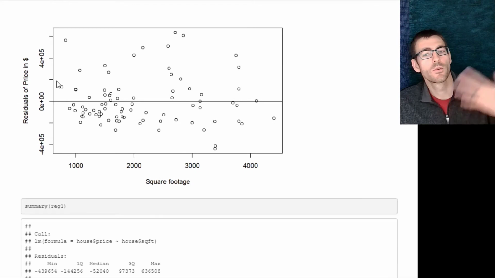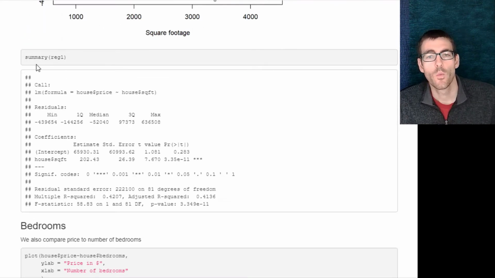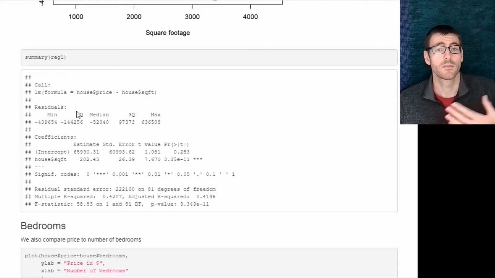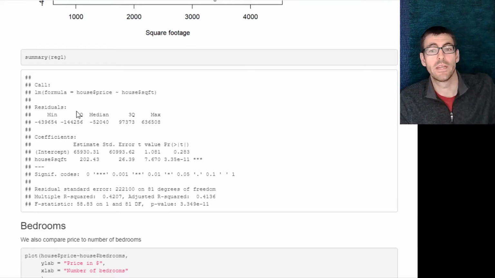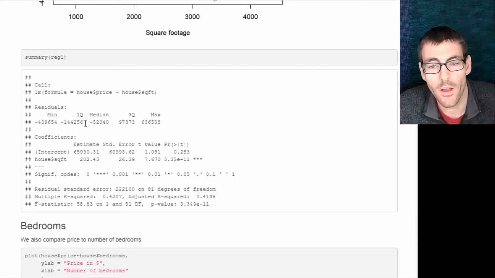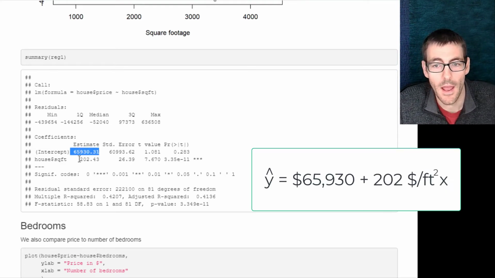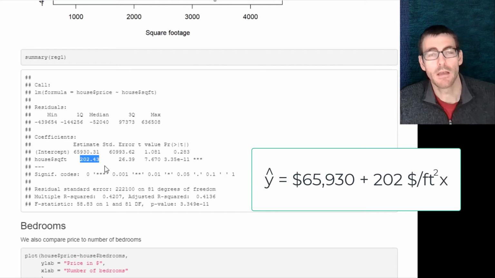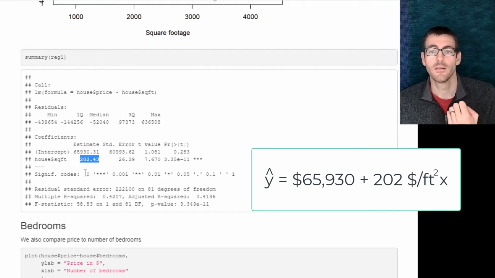If we wanted some more information, we can run summary of this, and it's going to give us the whole readout. A couple things I want to point out is that right here and right here is where it tells us what the equation for the line is.